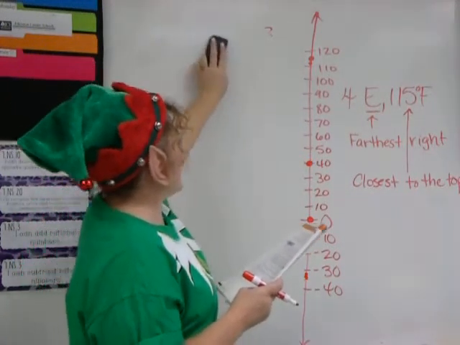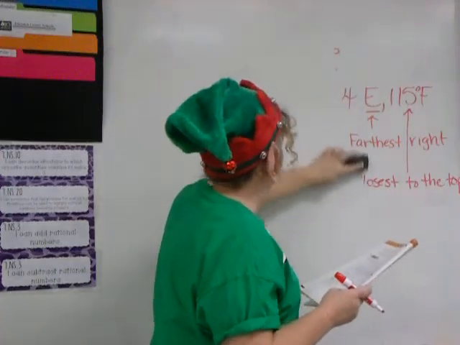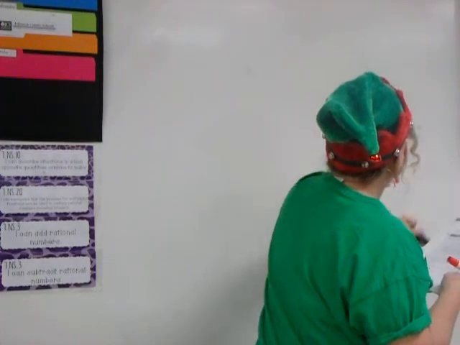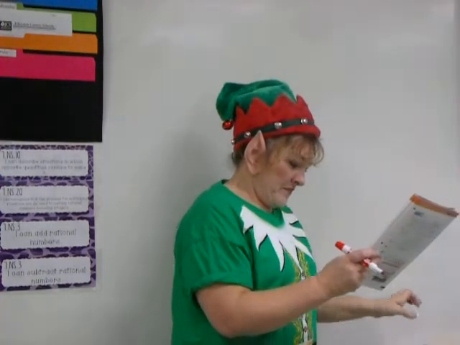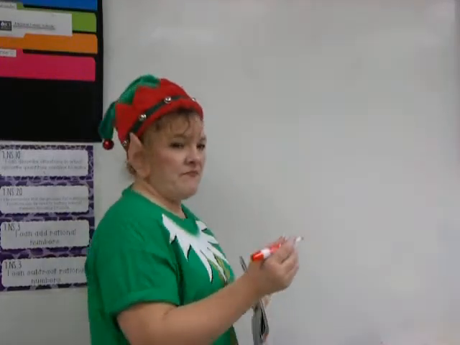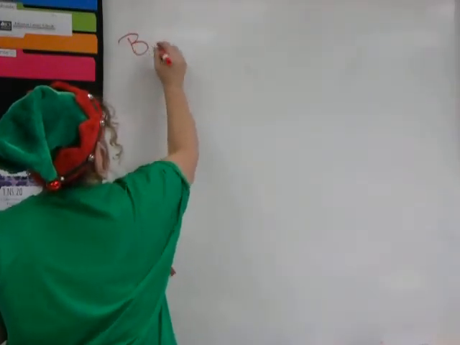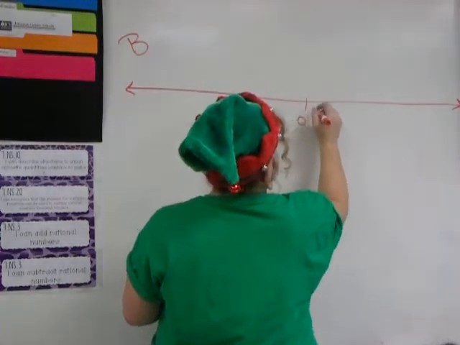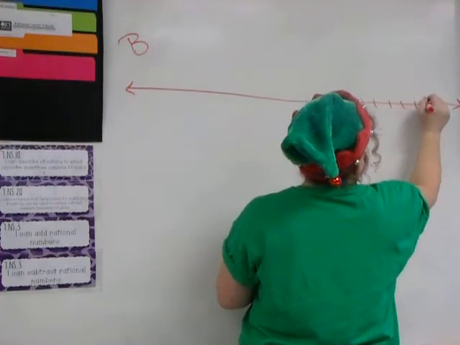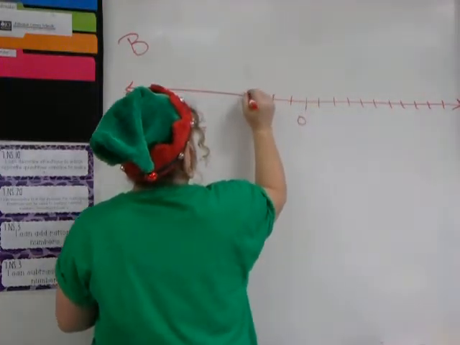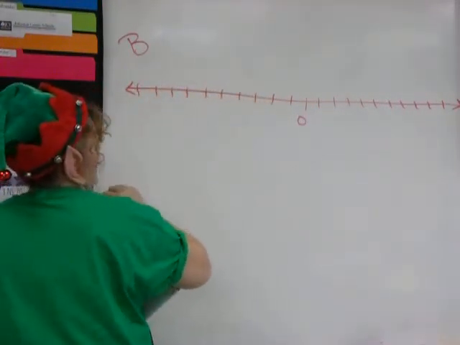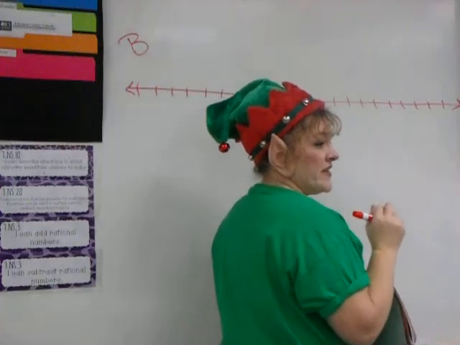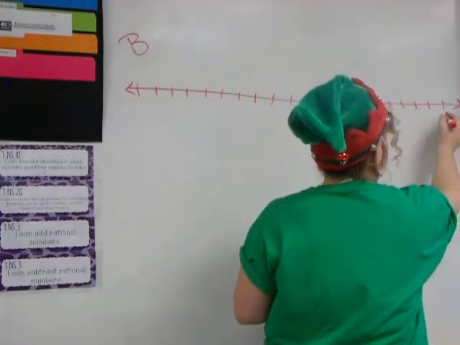And we're going to use the same one for the whole letter for all of B. So it's got to go from 10 to negative 10. Alright. So a number line from 10 to negative 10.